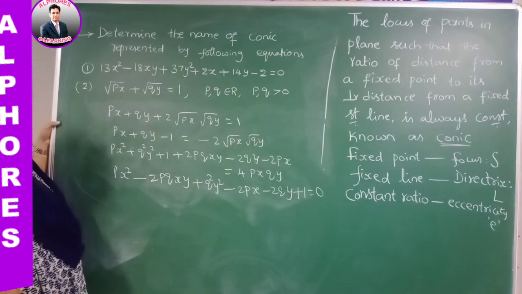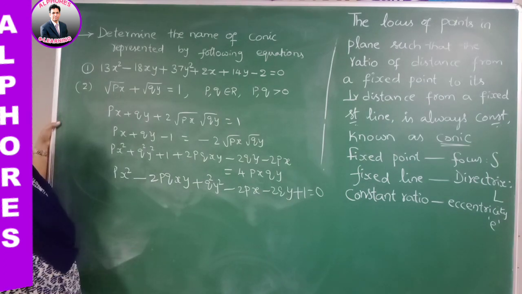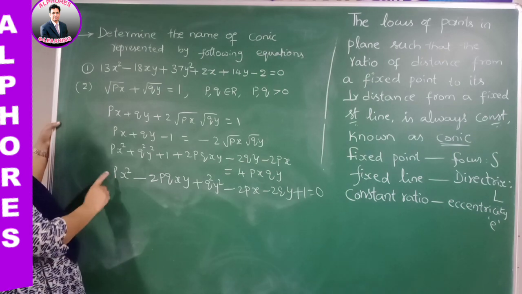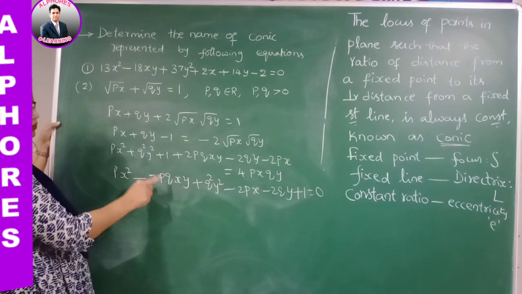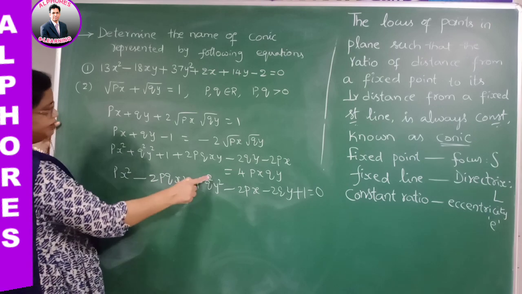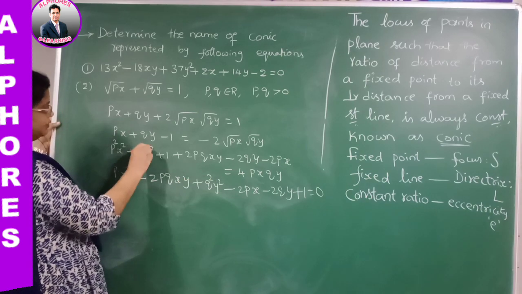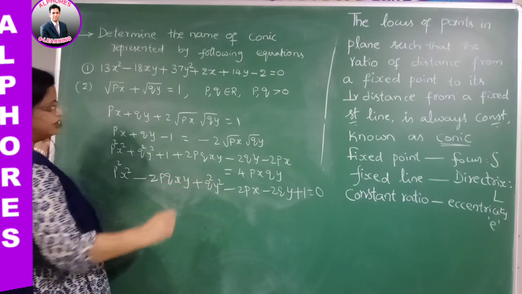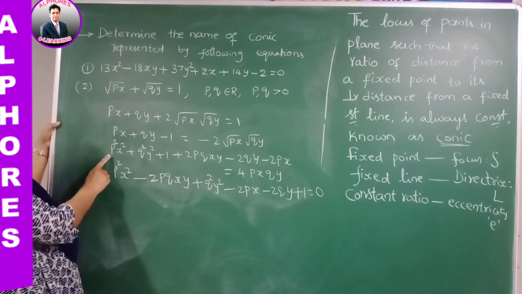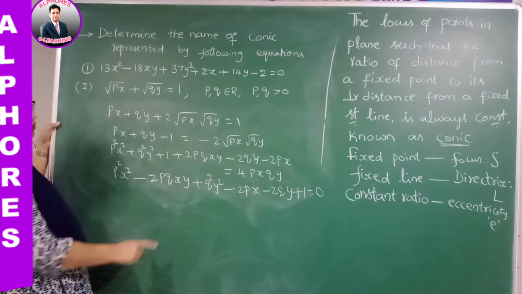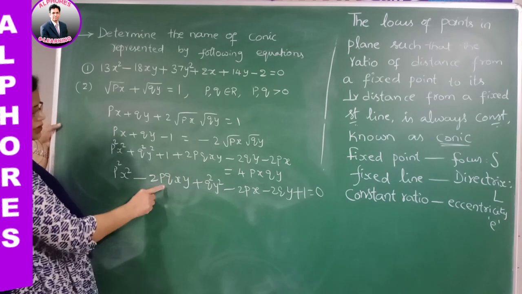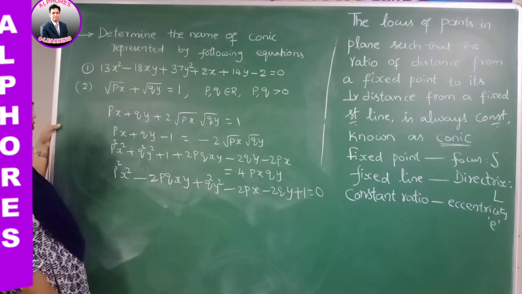Now you have to compare with the standard equation and check the possible values. So what is a here? P square, and h value is minus pq, and b value is q square. So a is p square, b is q square, and h is minus pq.